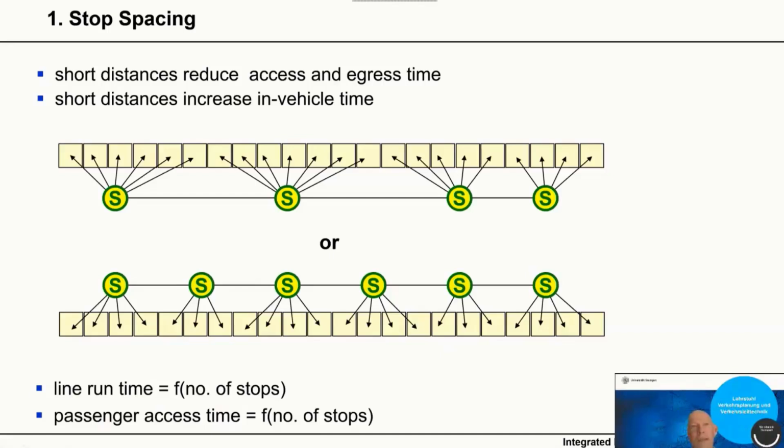If you don't mind walking, so 1 minute of walking is the same as 1 minute of in-vehicle time, you get larger spacing, but if people don't like to walk, then you get shorter spacings. So this is the optimization problem behind it.